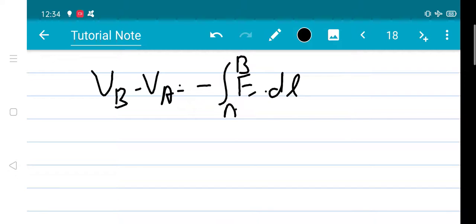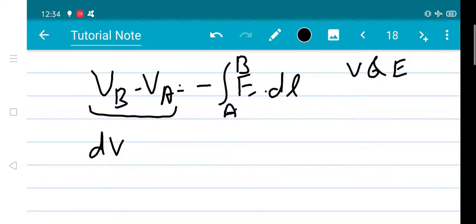So this is the integral form of the relation between potential and electric field. If we convert this integral form into differential form, then the change in potential can be written as dV in differential form.